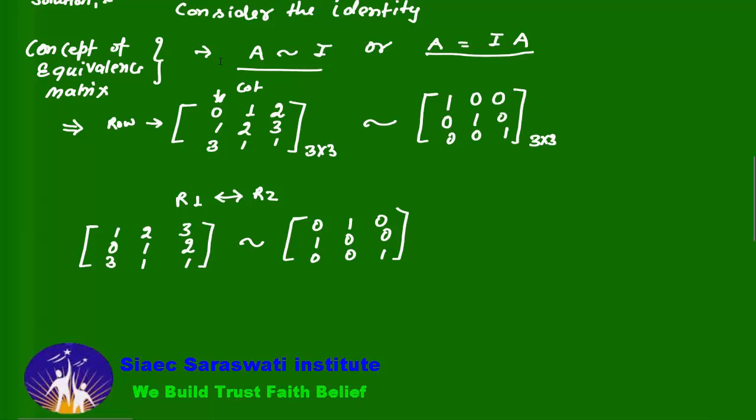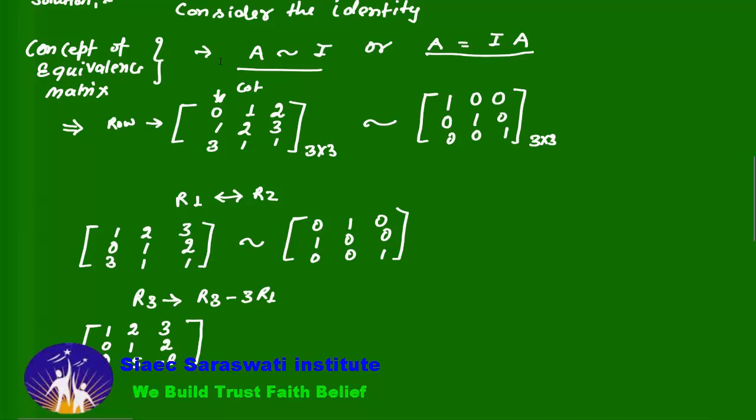Okay, so for this we apply that R3 implies R3 minus 3 times of row 1. Okay, so when you apply, it will be 1 2 3, 0 1 2, and 0 minus 5 and minus 8.